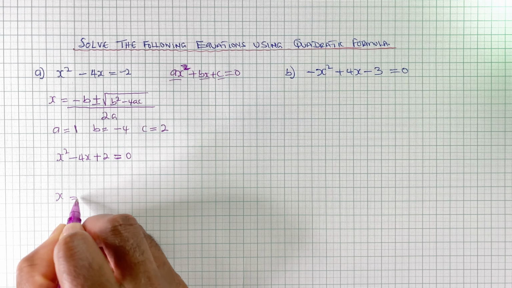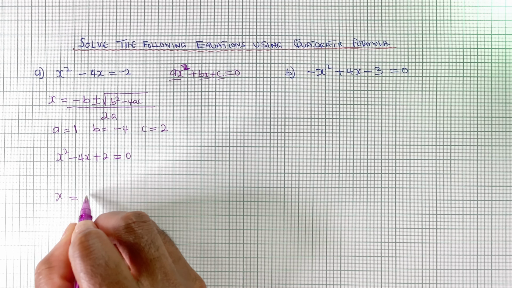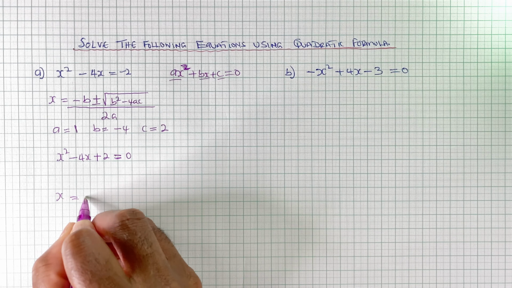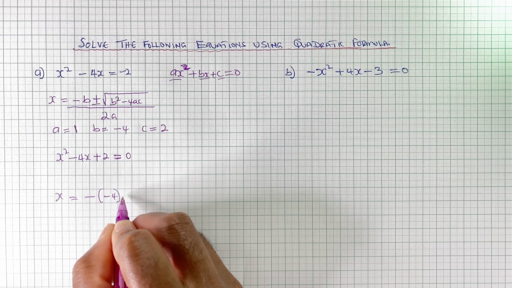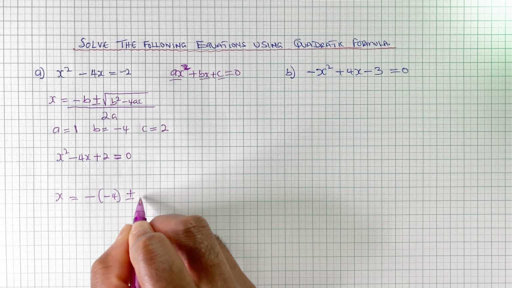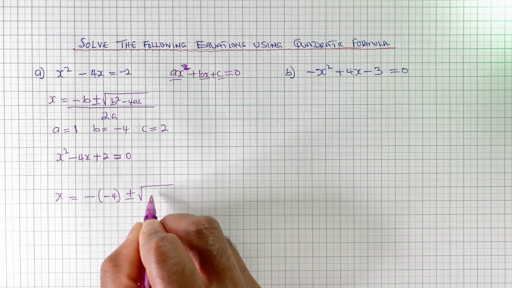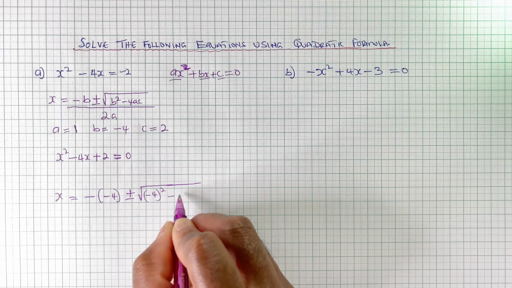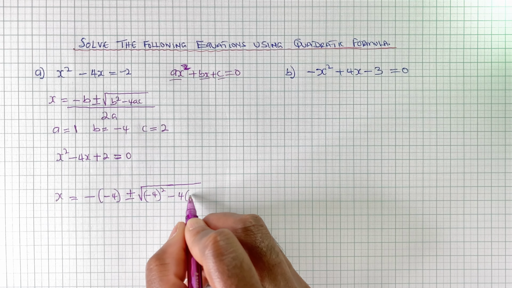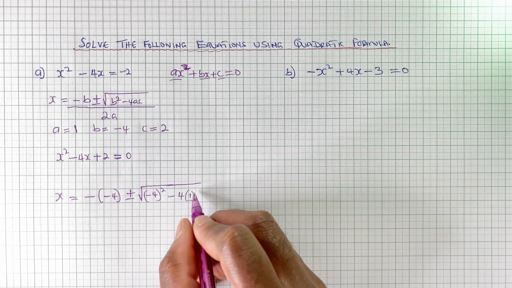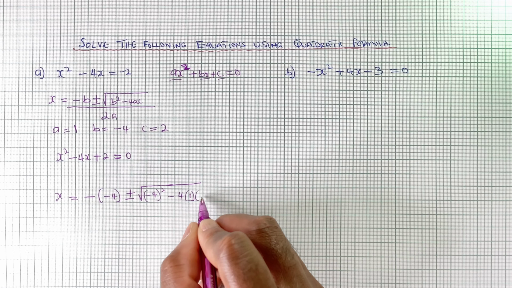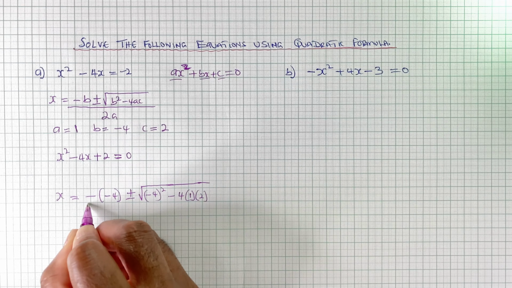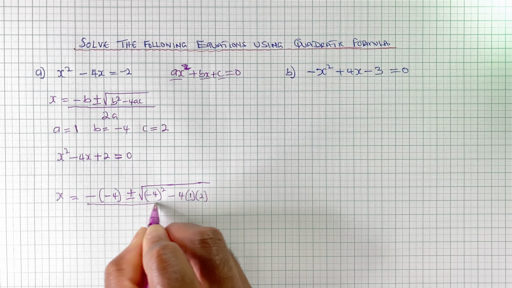So x equals minus, now b is minus 4, so I'd open bracket, minus 4, close bracket, plus or minus square root, minus 4 squared, minus 4, a is 1, so 1, open bracket, close, and c is 2, and then we divide the whole by 2a, so 2, 1.